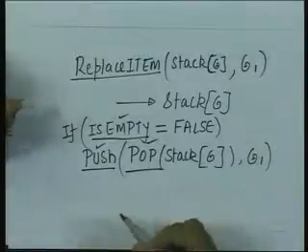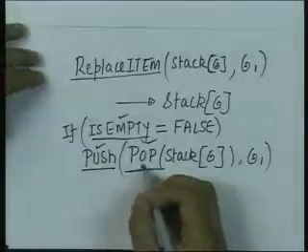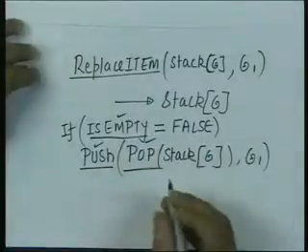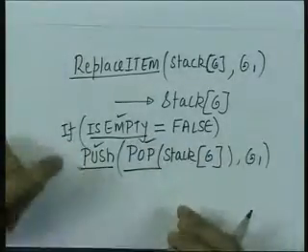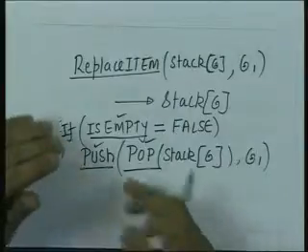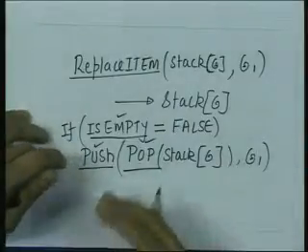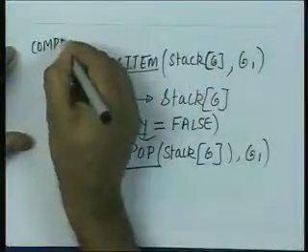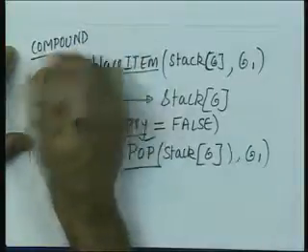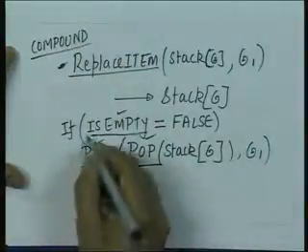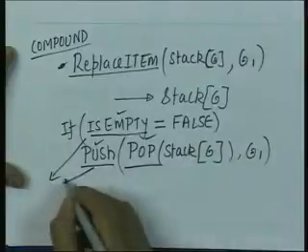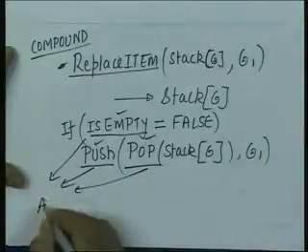So, operations such as pop and push and is empty can be considered to be what are called atomic operations, in that they cannot be broken down further and expressed in terms of other operations of the stack, whereas operations such as replace item, and there can be any number of these operations that we can come up with, are what are called non-atomic or compound operations. So, this would be compound in nature, whereas these three would be atomic in nature.